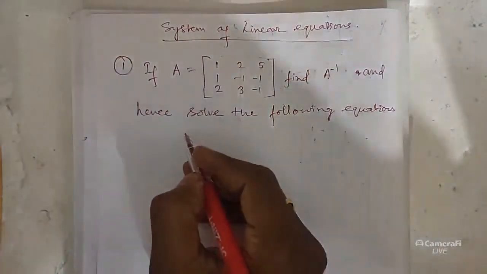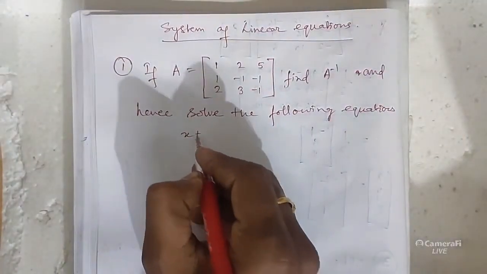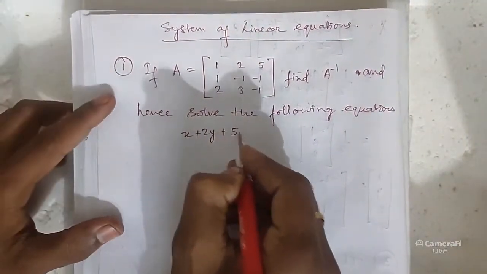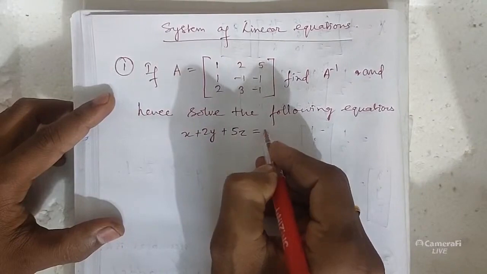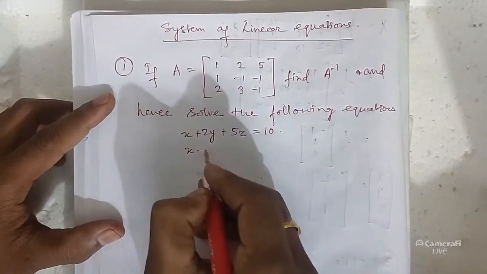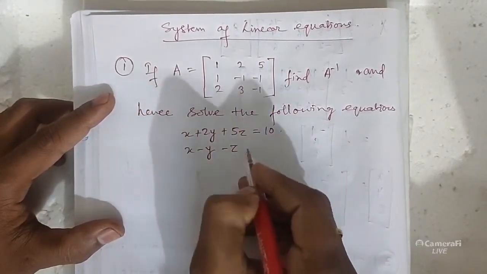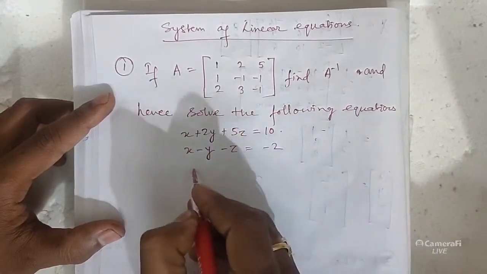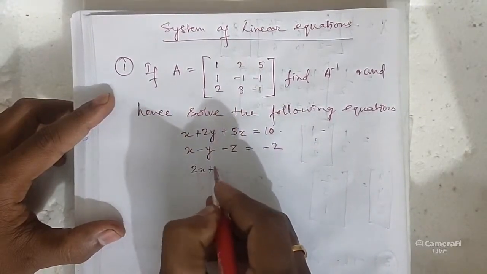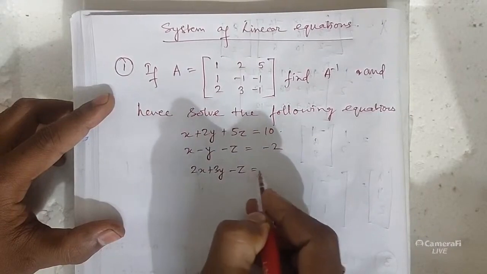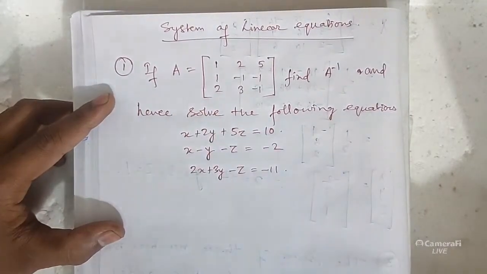The equations are given: x plus 2y plus 5z equals 10, x minus y minus z equals minus 2, and 2x plus 3y minus z equals minus 11.